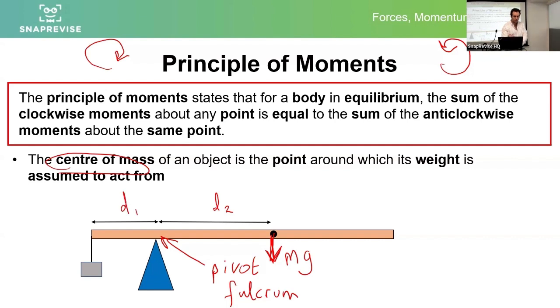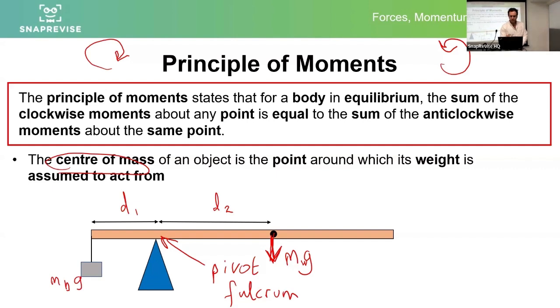What else have we got going on? We've got a mass over here. Let's call this mass wood and mass block. We've got it hanging right off the end of our piece of wood, a distance D1 away.